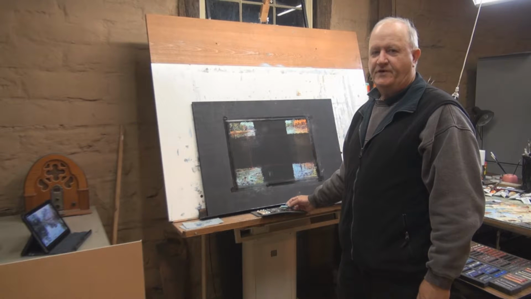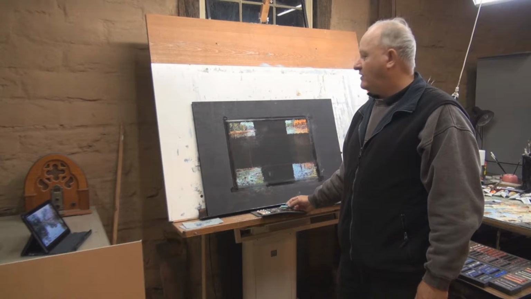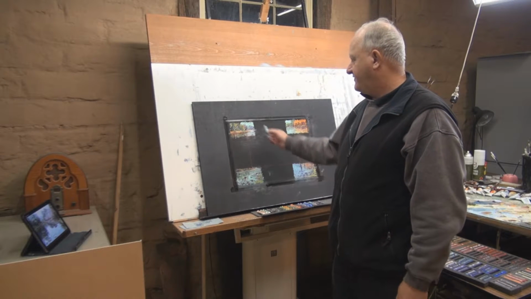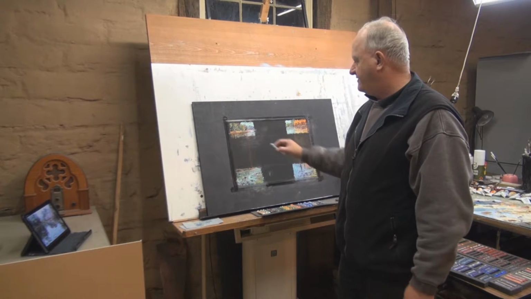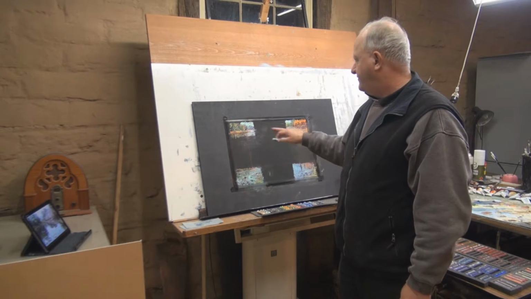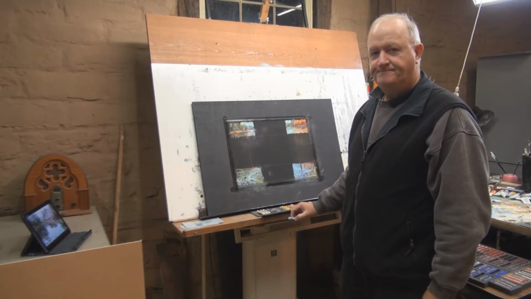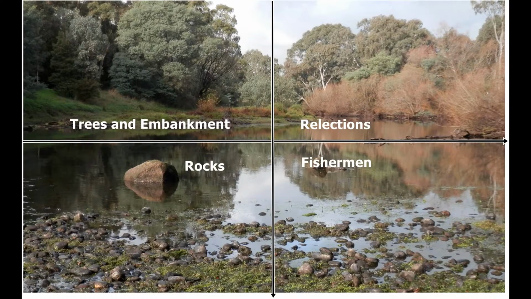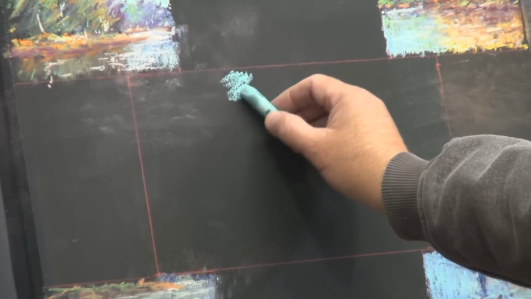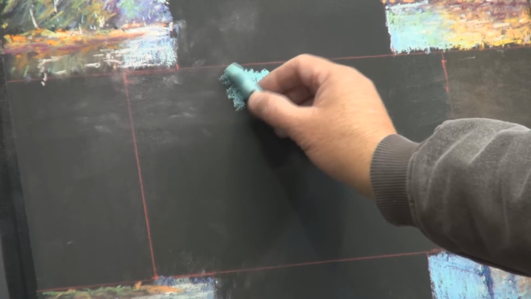Now we're up to the stage doing a painting of a river scene using all the elements that we discussed in the small exercises. So stage 1, 2 and 3 should be able to combine into one nice painting. Going to start off with the sky area.